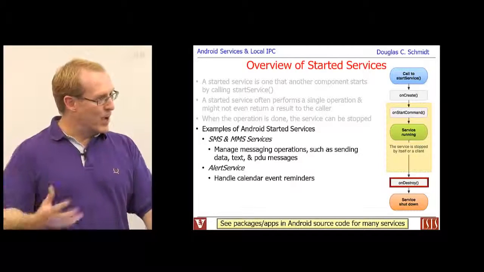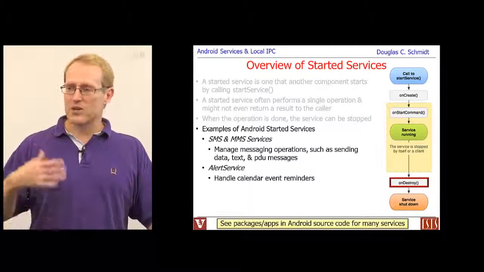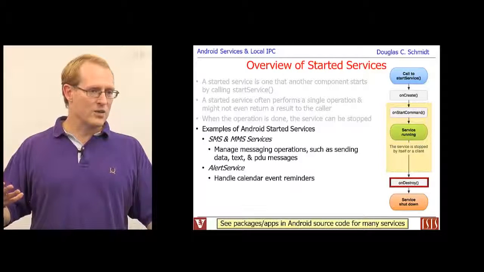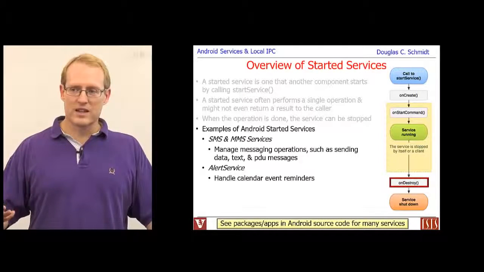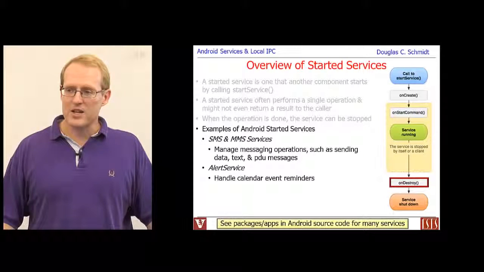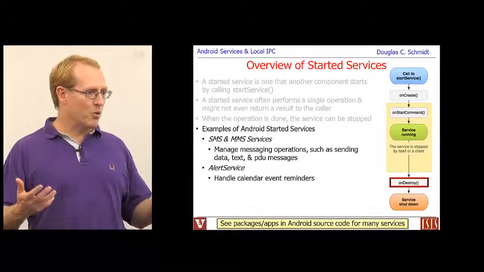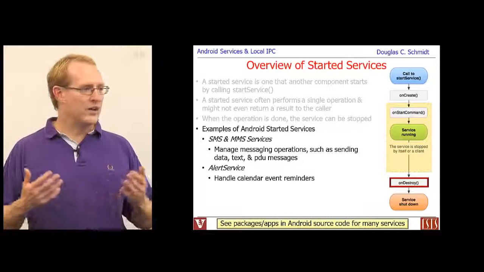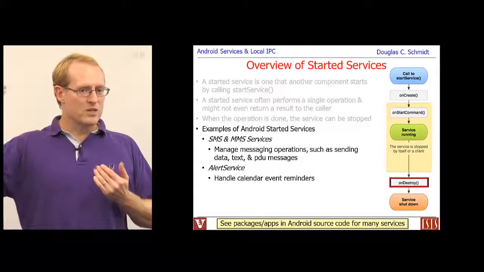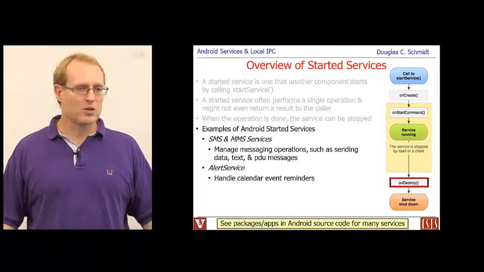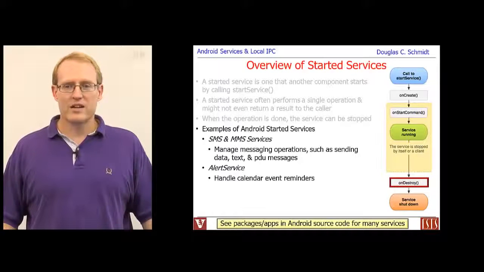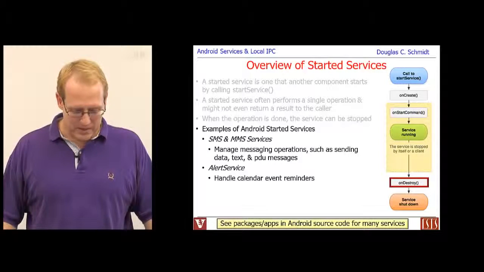Likewise, when data arrives on the network, then that also goes to a service called the transaction service, which is a service that runs in the SMS MMS implementation, and that gets the message from the network stack and then figures out how to get it to the user, typically by using some kind of notification prompt to alert the user they have an SMS message and ringing a bell or beeping or something like that.